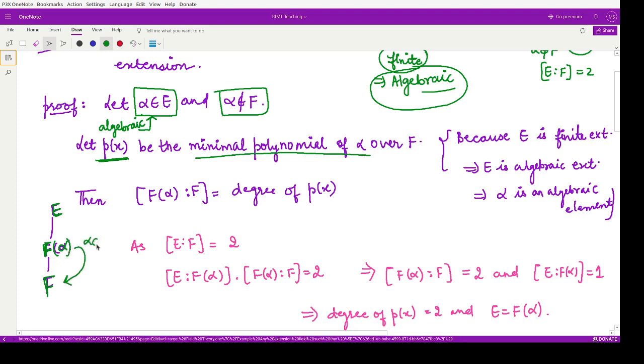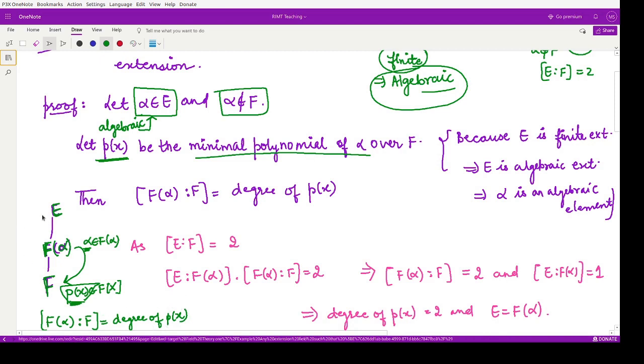Here alpha belongs to the extension field F(alpha), so corresponding to this element we have the minimal polynomial p(x) in F[x], and the degree of F(alpha) over F would be the degree of this polynomial p(x). But as of now we do not know what this degree is.